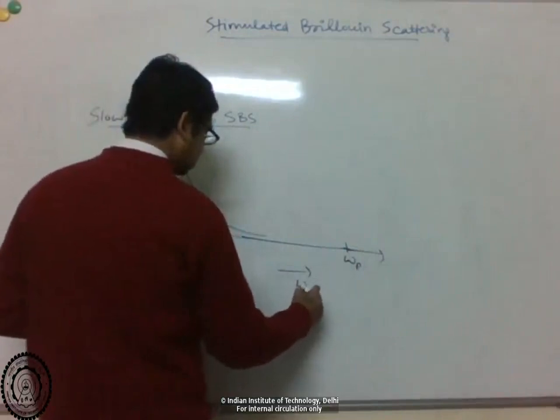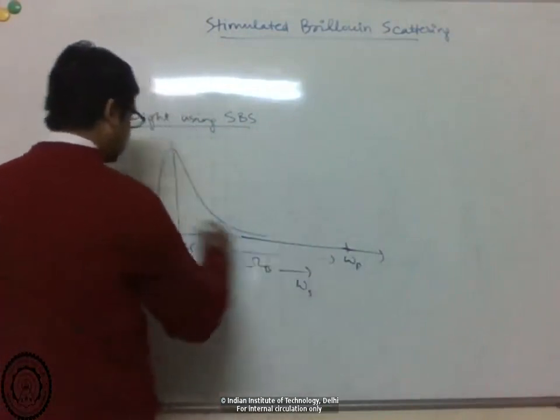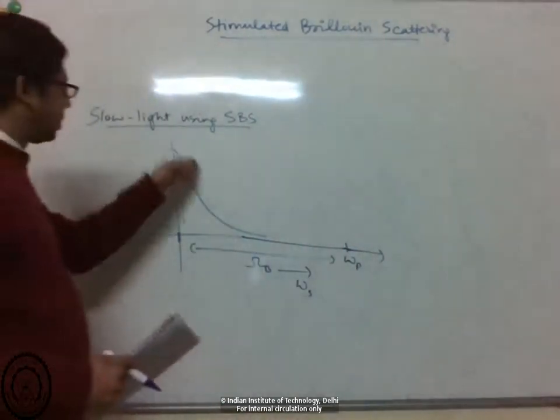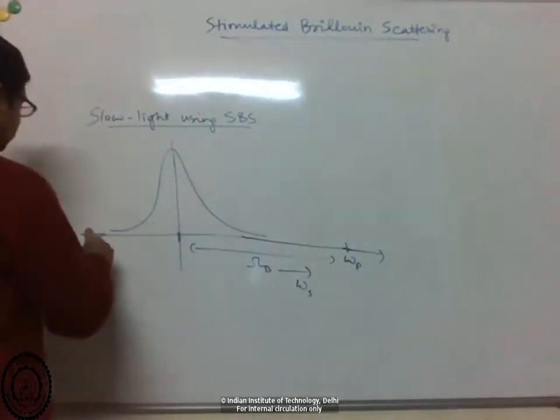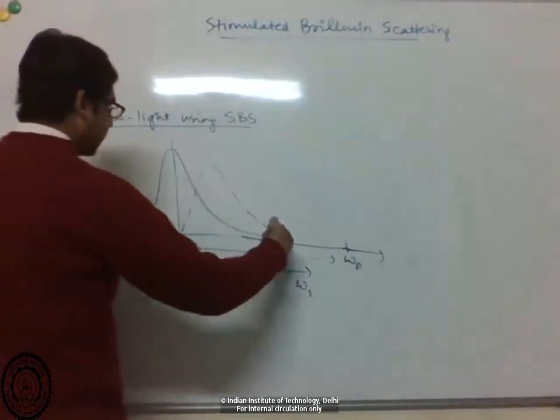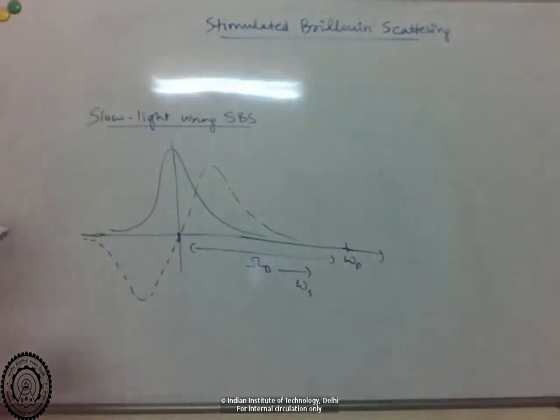This is a function of the Stokes frequency. When the Brillouin shift is down, you have this gain peak. That's the imaginary part, right? And then there's a real part also, which goes like that, the real part of the susceptibility.